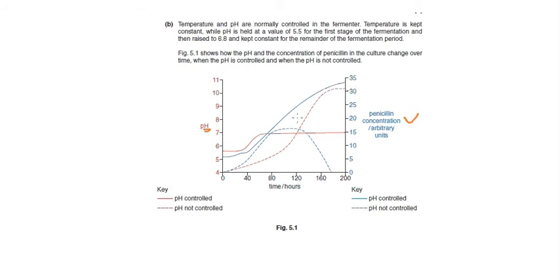At 200 hours the highest for pH control is about 34, and it goes on increasing up to 200 hours, whereas when pH is not controlled it increases up to 80 hours only, and then it becomes stable. This one just increases, and this one has a point where it starts to decrease.